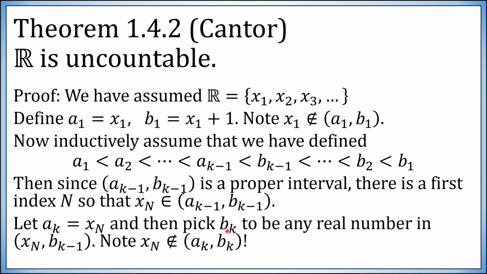Then I simply pick the next b to be anything in between wherever that number was and the right endpoint. Between x sub n and bk minus 1 makes a new open interval containing real numbers, so there's a real number in there, pick that to be bk. Okay, and also observe, since we are making this x sub n our next a, it doesn't belong to the interval ak to bk.